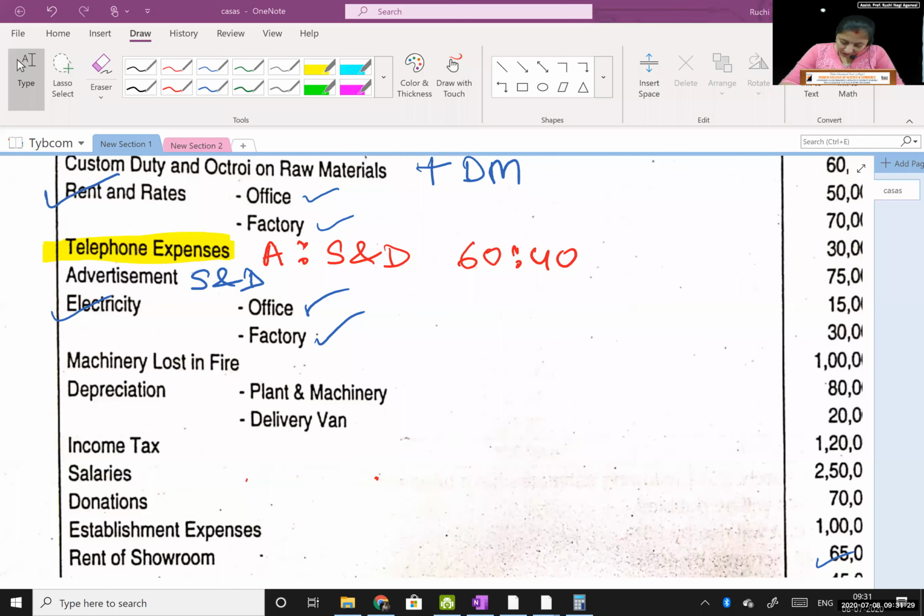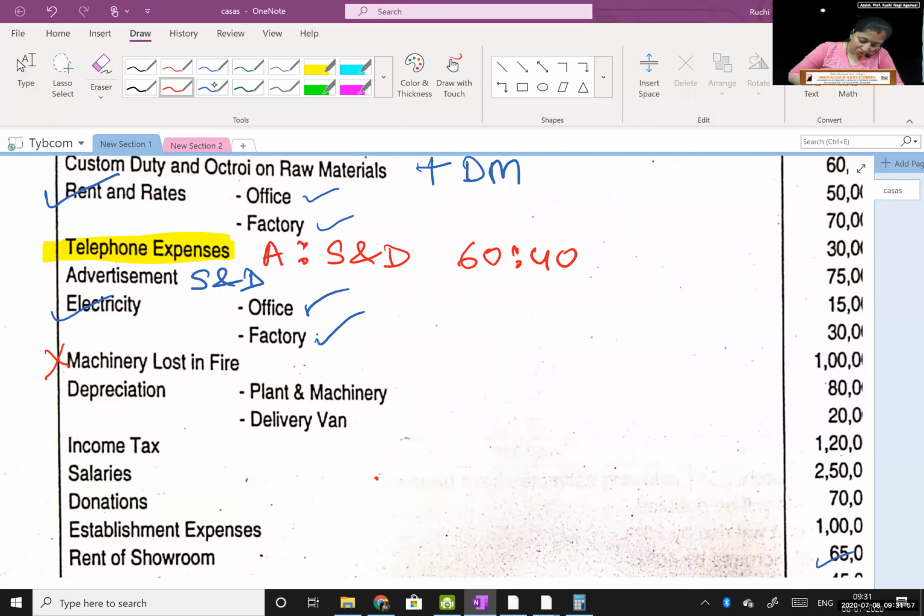Yeah, very good, Hari Kishan. It's no entry. That's a non-cost item. It will not come in the cost sheet. I had given you a list of non-cost items. First will be your financial expenses, financial losses, financial income, your capital expenditures, and your capital income. These things will not come in your cost sheet.